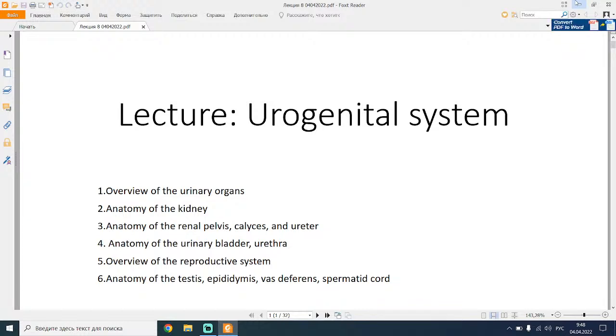Anatomy of the renal pelvis, calyces and ureter. Anatomy of the urinary bladder and urethra. Questions 5 and 6 we will discuss in the next lecture.